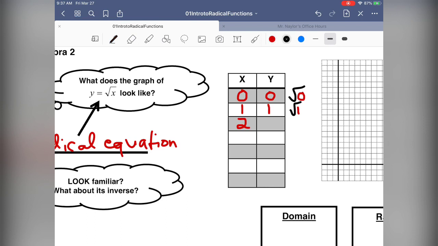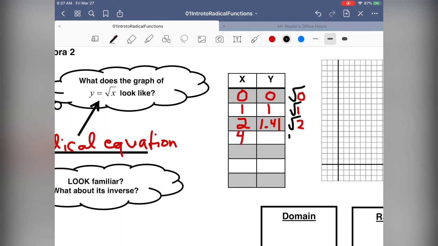How about the square root of 2? Now, it's not something that I expect you to know without a calculator, but you could type it in a calculator. It comes out to be a decimal. The main thing I want you to realize is that the reason that it's 1.41 is because if you multiply 1.41 times itself, you will get 2. You're also going to learn that it can be nice to pick nice numbers, like numbers that have even square roots, like the square root of 4.